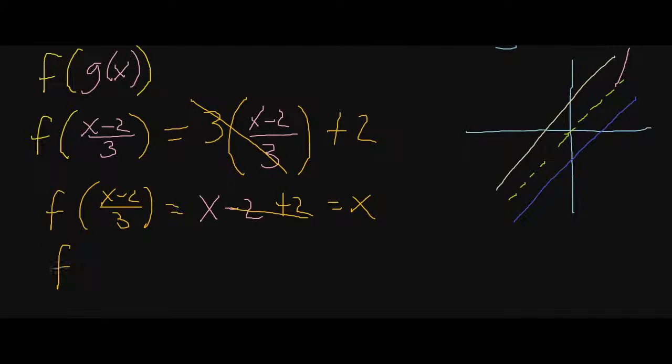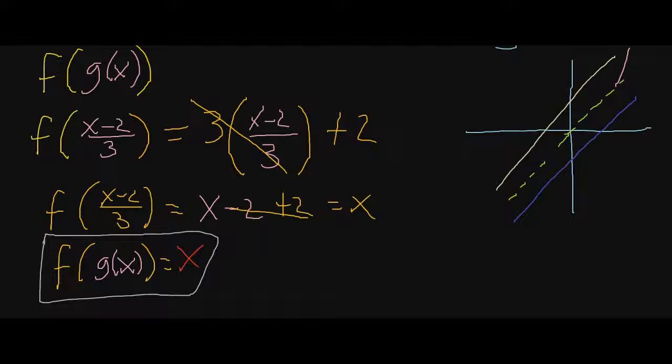So when we plugged g of x into our function, we just get x. That's one part of it. Remember, this is my original function, the graph that I drew.